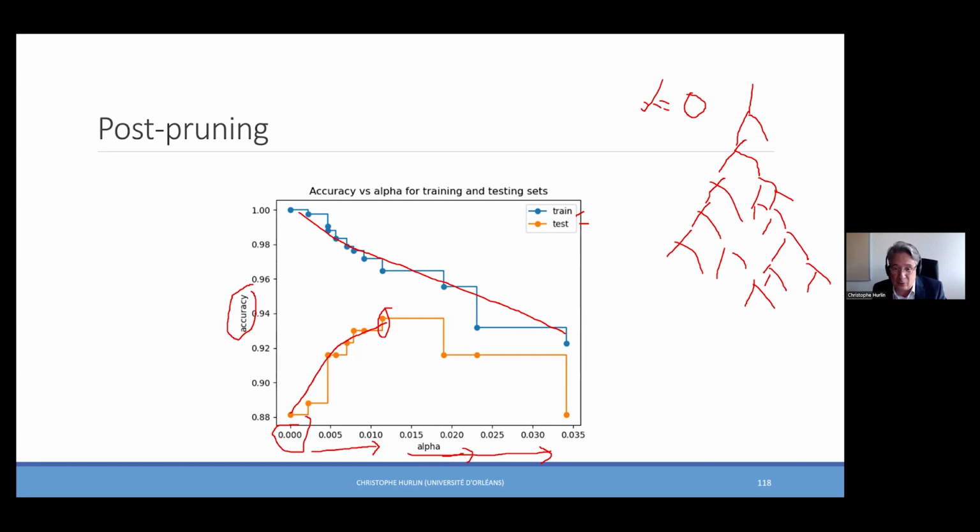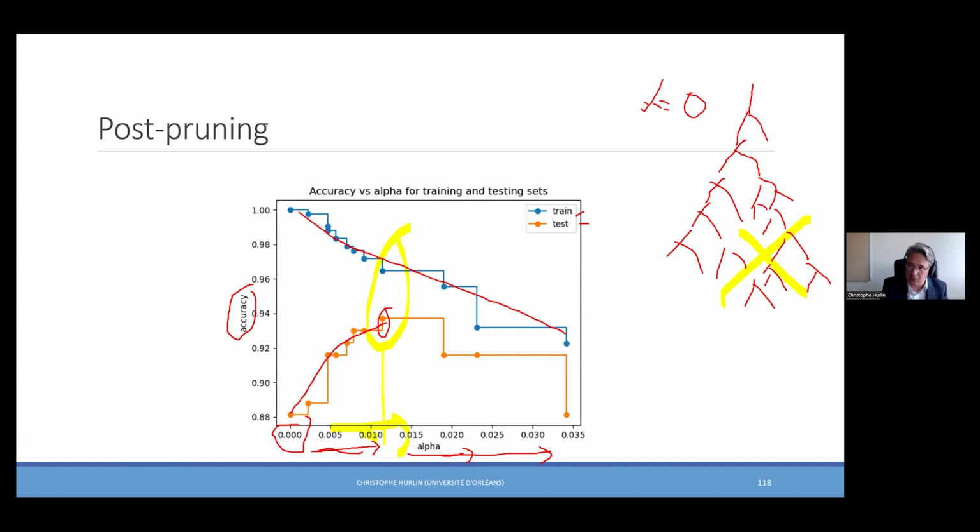Then I start to put a constraint on the complexity. So, for instance, this part will be removed. I have a less complicated model, and this less complicated model increases the accuracy on the test sample because it reduces the overfitting issue. And so the optimal value of alpha is here, and here I recommend using alpha equal to 0.01.